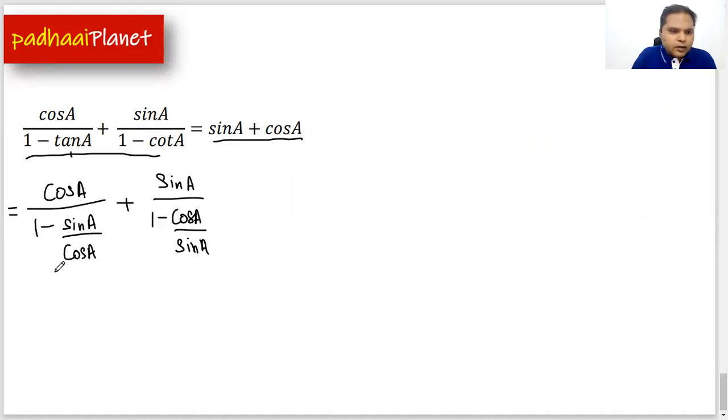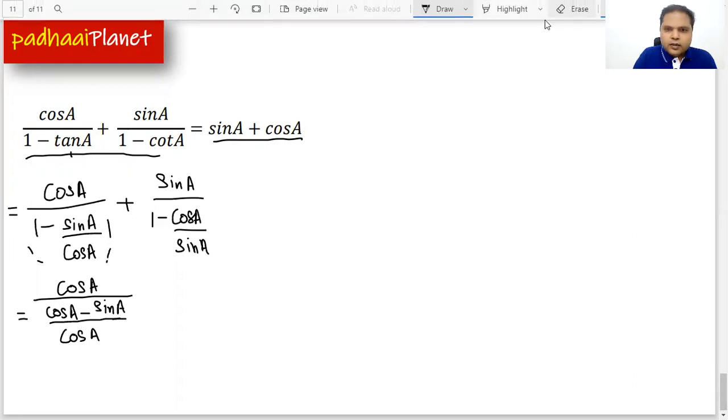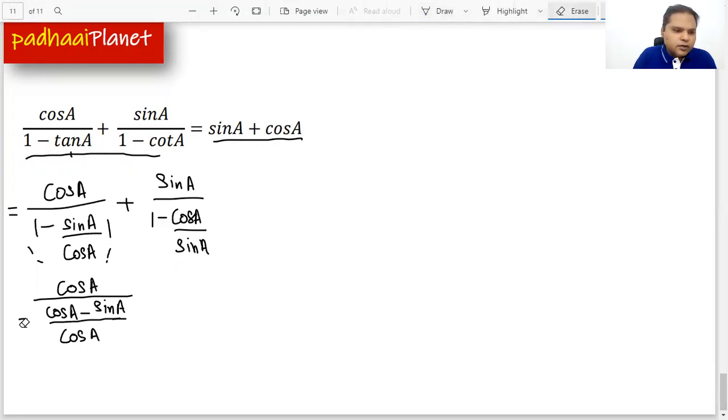Correct? Now, what we will do is focus on this particular fraction here and simplify it. When we simplify, we take cos A as the common denominator, and what we get here is cos A minus sine A, and this whole thing divided by cos A. I will put this equal sign a little up so that it makes sense.